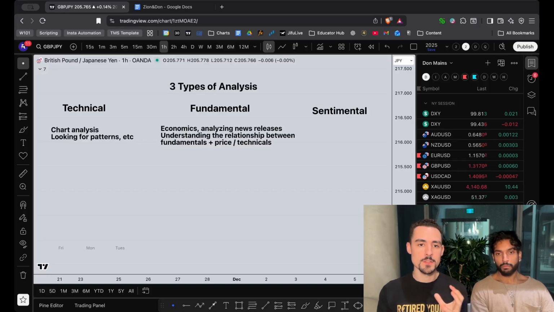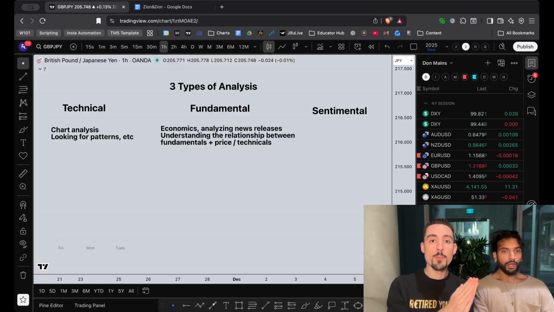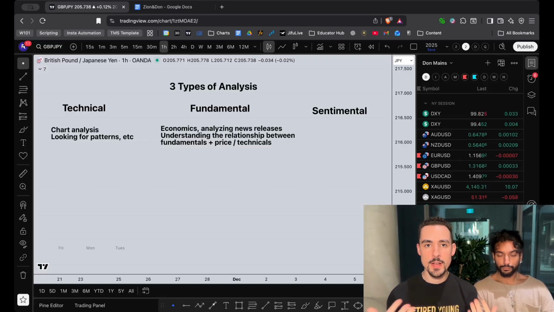As soon as I started to consider and understand the fundamentals and what drives price on a fundamental level, I got on the right side of technicals way more often. I know this is a wild statement to make, but I took my profitability and probably tripled the consistency, literally combining fundamentals with technicals and really understanding how to trade high impact news events.